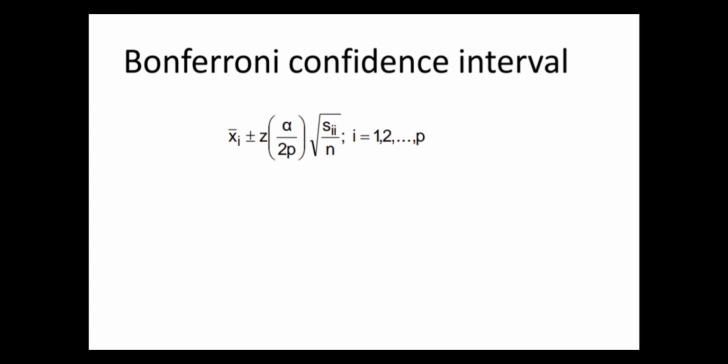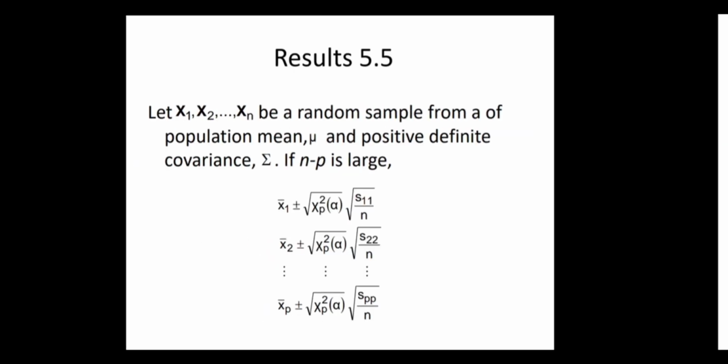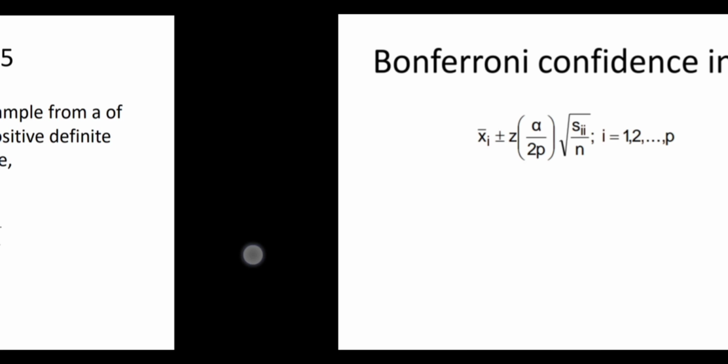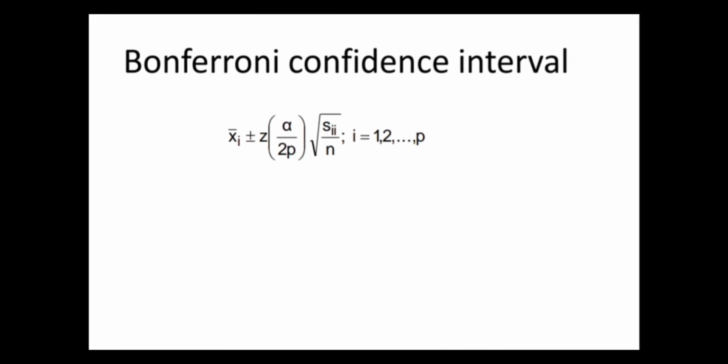Same here when we are dealing with a large sample size, we will use this formula or the Bonferroni confidence interval, where we replace the square root of the value from the chi-square distribution with the value from the standard normal distribution table, which is z alpha over 2p. Everything else is the same, here x bar, here the variance for the corresponding variables.